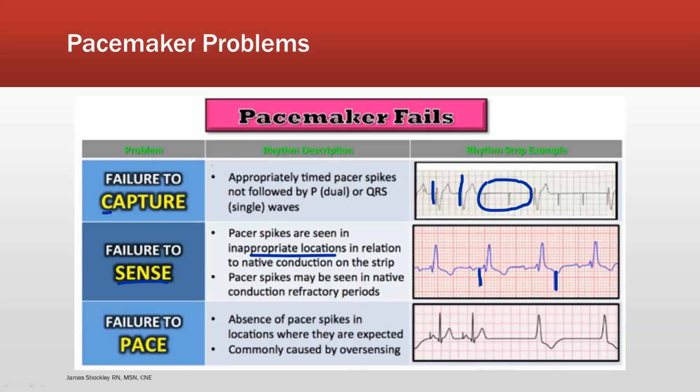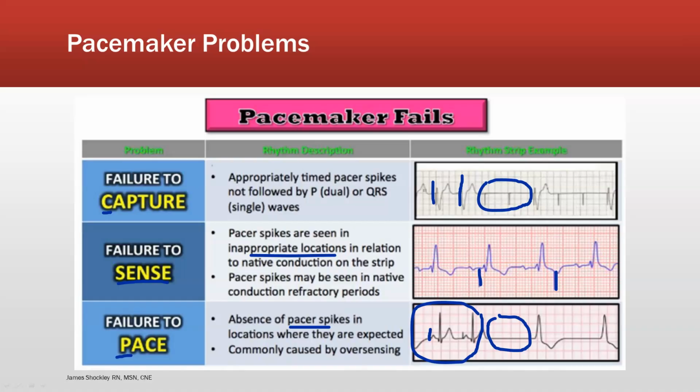Finally, we have failure to pace. So again, you have the absence of pacer spikes. So we were moving along fine here, and this client looks like they're atrial paced. I see a pacer spike here before the P wave. And then the next thing I notice is this period of asystole, followed with no P waves.